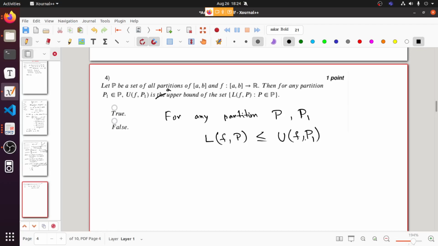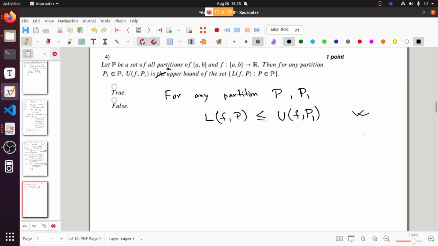For any partition this is always true. LFP is always less than or equal to UFP1, for any two partitions P and P1. This will always hold, right? Okay, so what do you have to prove? Now you have to prove that UFP1 is an upper bound of the set. So this holds for all partitions P and P1.